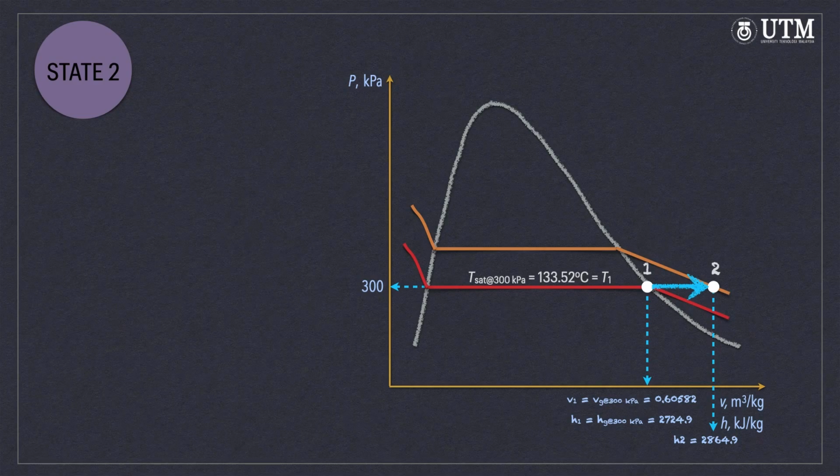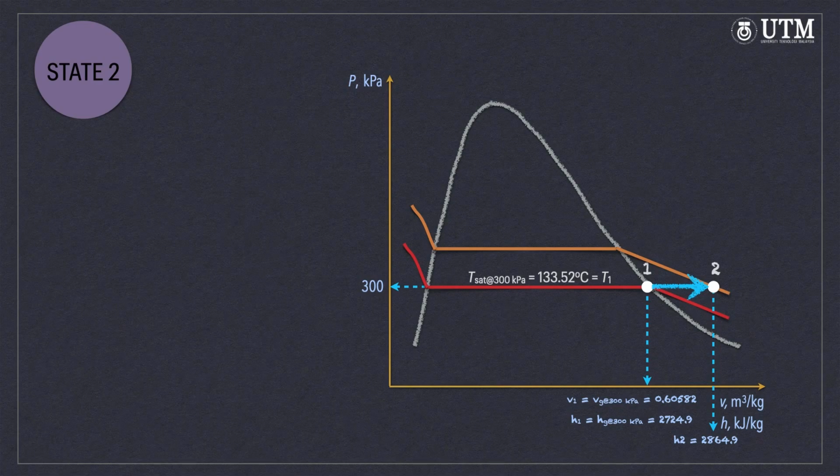The boundary work and the change in internal energy in the first law relation can be combined into one term, delta H, for a constant pressure process. It has been explained during specifying state 2.